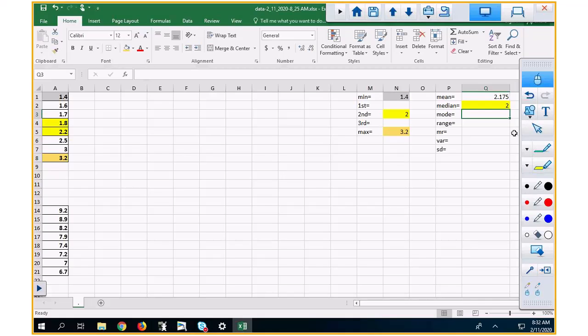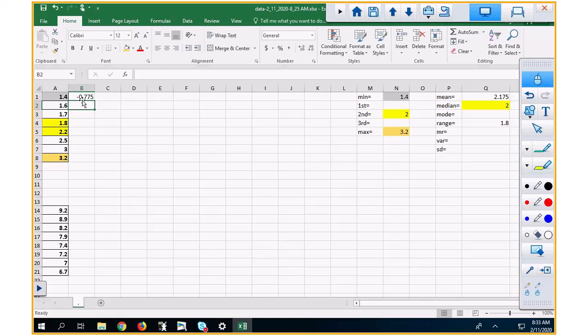I really don't care about the mode. Range is equal to this guy minus this guy. Variance equals this guy minus mean.